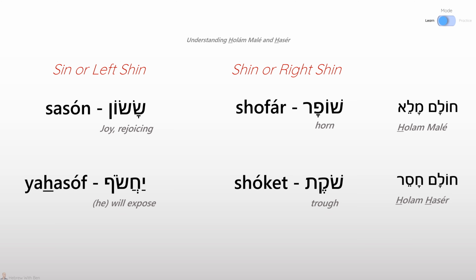On the screen, you see 4 words, 2 of which have a left shin and 2 a right shin. In addition, each couple of words is decorated once with cholam maleh and again with cholam chaser. Let's look at the word shofar.